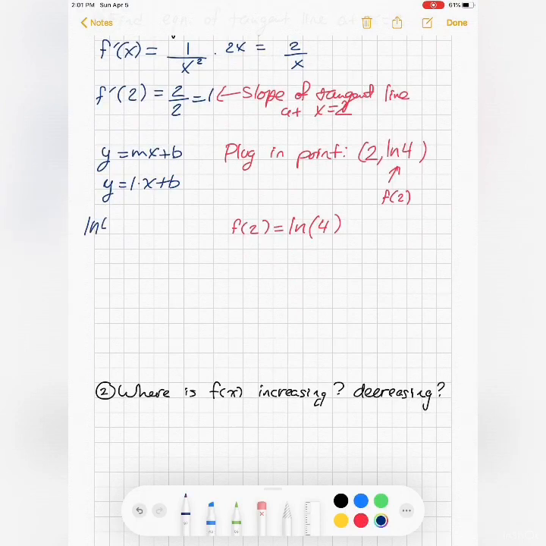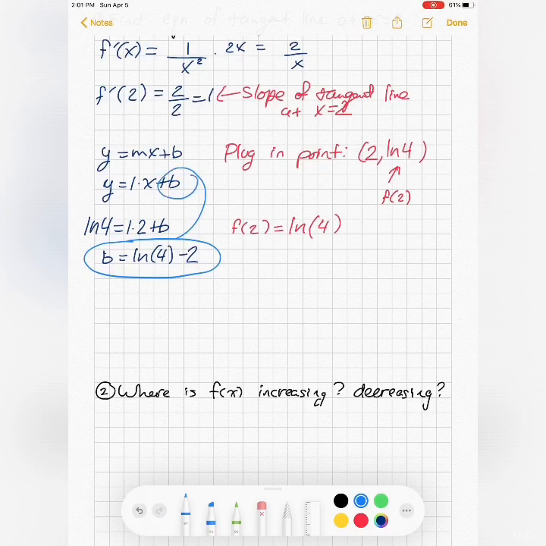Okay, so that's ln 4. So I guess b would be ln of 4 minus 2. Now I can't combine that 4 and the 2 because the 4 is inside the ln and the 2 is not. So then this guy goes in for my b, and then I guess I'm done. So that would be the equation of the tangent line.